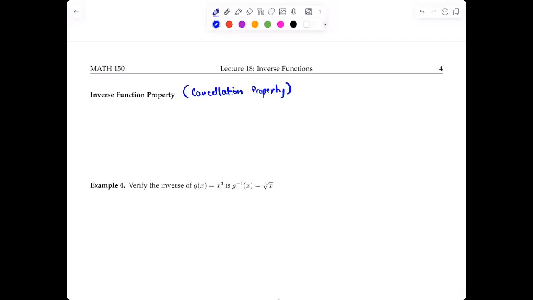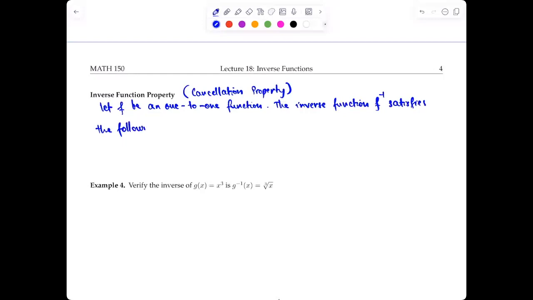Let f be a one-to-one function. The inverse function f inverse satisfies the following cancellation properties.